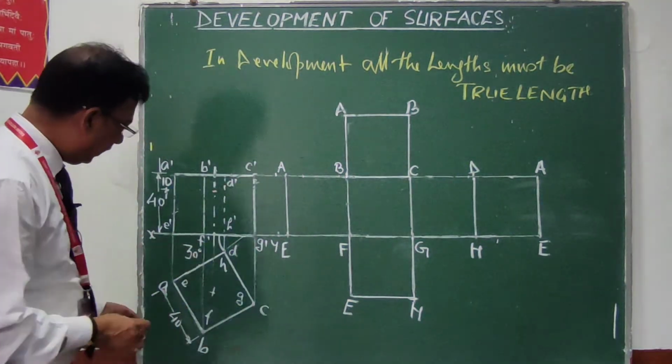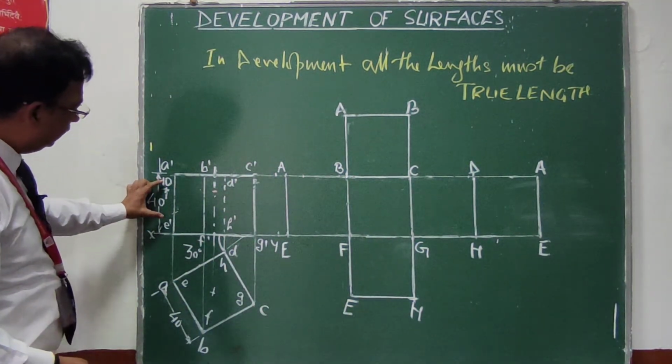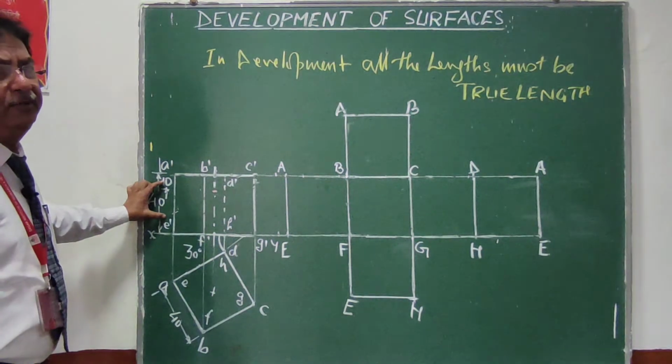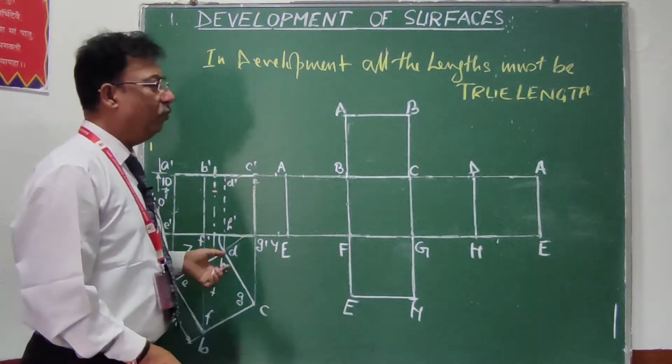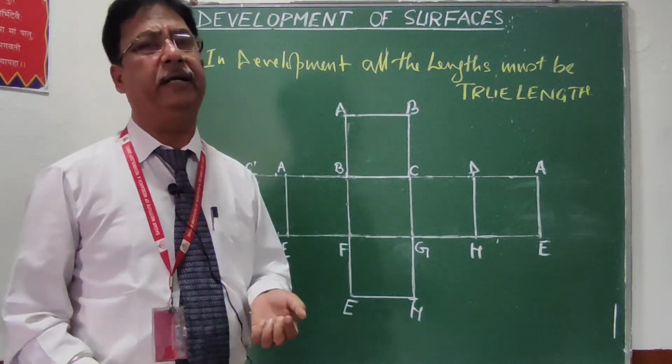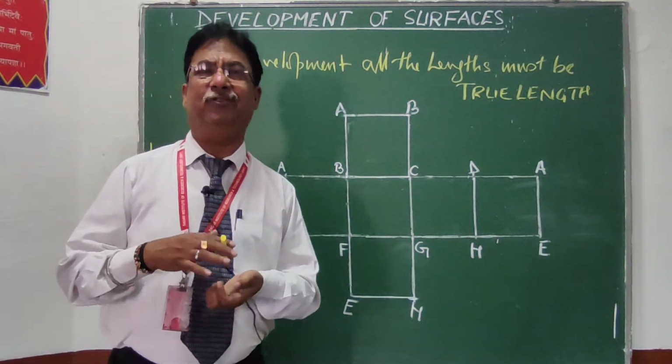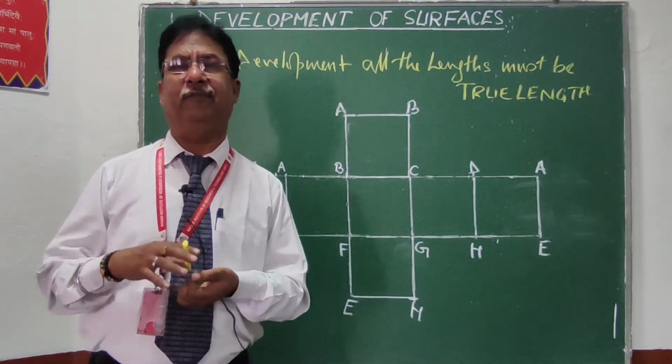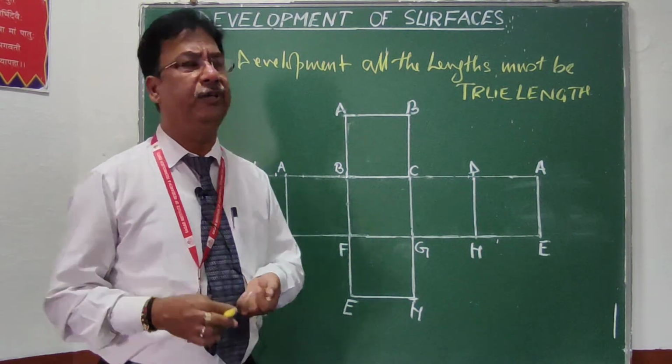As you see in this figure, the top view and front view, in the front view this 40 height will always be true. In the parallel line method, for solids like the cube, prism and cuboid kept on their base on the HP, the front view gives the height as true length.